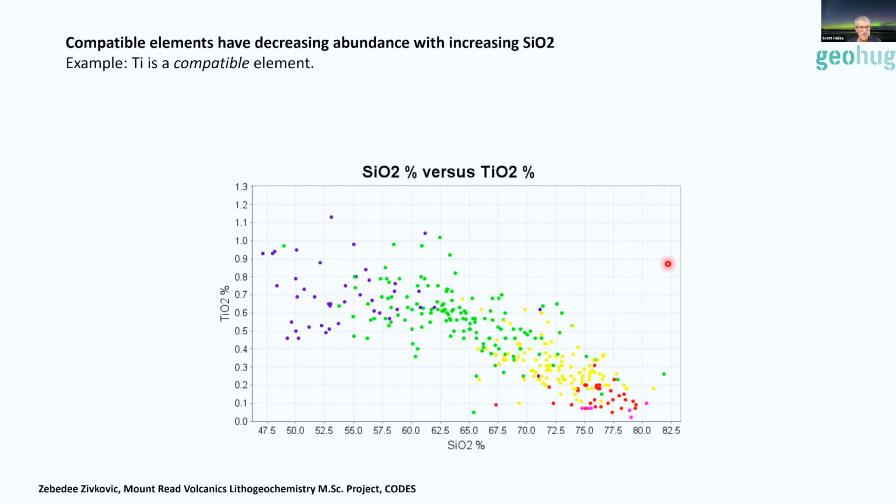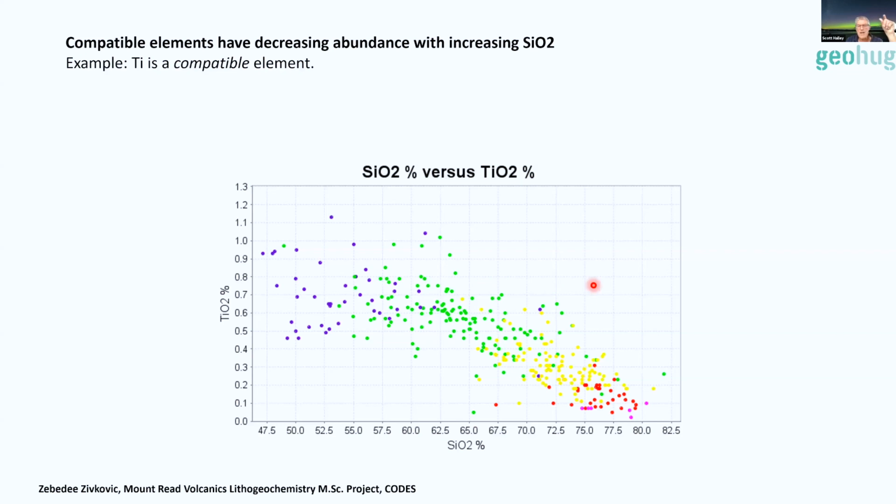Just some really basic ideas. We often talk about trace elements as being either compatible or incompatible. Titanium is an example of a compatible element. As a magma is crystallizing and the solid mineral phases are being removed from the melt, we'll see silica increasing.